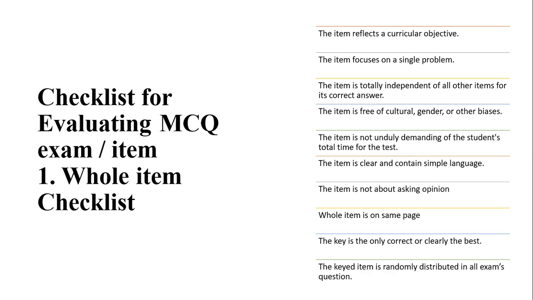Number 4, the item is free of cultural, gender, or other biases. That's to say, you can't ask about something that is accepted by some cultures and refused by other cultures. You can't ask about something that is accepted by males and refused by females, for example.